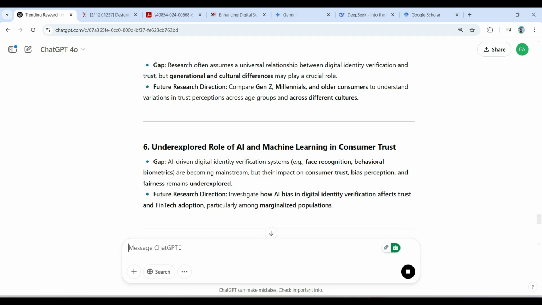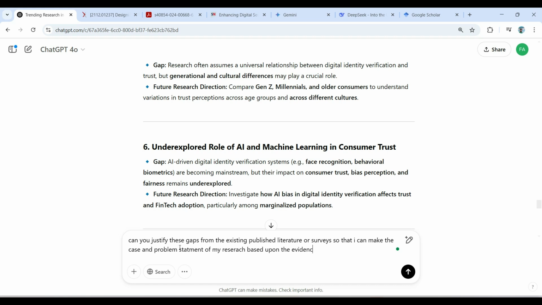However, it's also important that we ask for some documentary proof for the gap. So I can ask, can you justify these gaps from the existing published literature or surveys, so that I can make the case and problem statement of my research based upon the evidence.